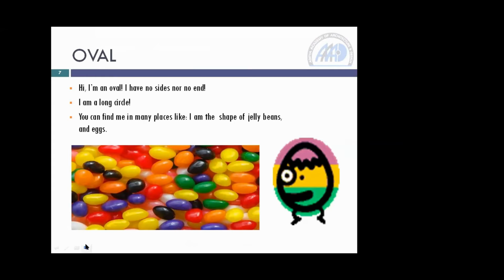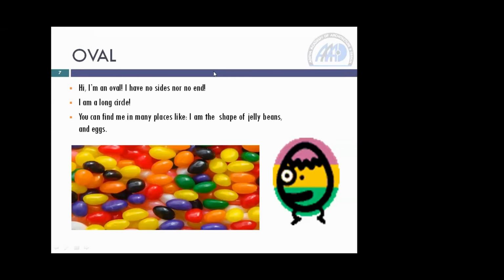Some mirrors also, sir, oval shapes. Human eyes. Marble stones. That's great. Tablets, I don't think so. Only a few of the tablets are in the oval shape. It's fine.